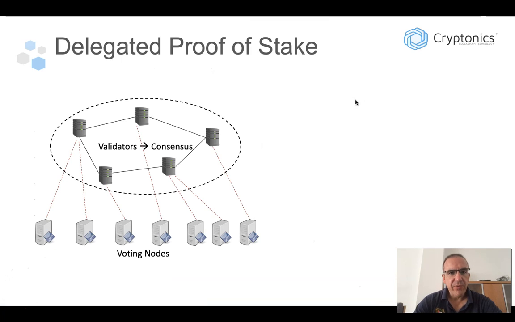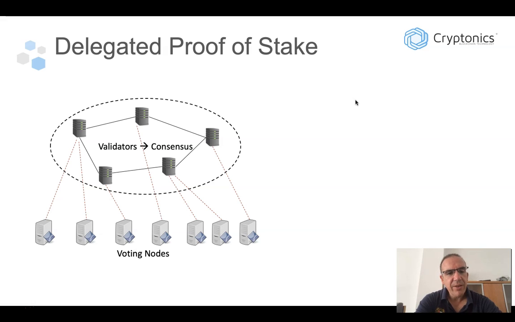And then there's delegated proof of stake, which is basically an optimization of proof of stake where people or nodes delegate their stake in the system to a number of validators, and usually that's fixed to 100, 1,000, or even as low as 21 in some systems.